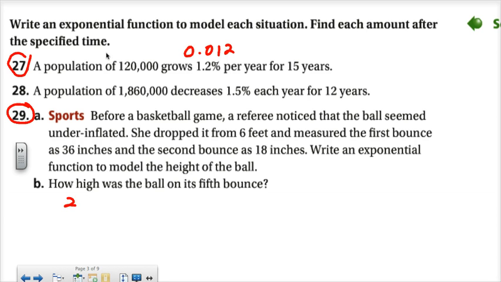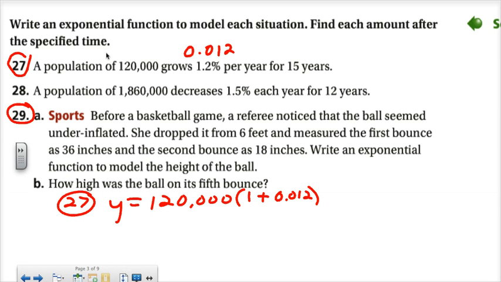So for number 27, my a value, my initial value is 120,000. But now I have to think about that growth factor because I'm keeping 100% and then I'm adding that 1.2% each year, t.